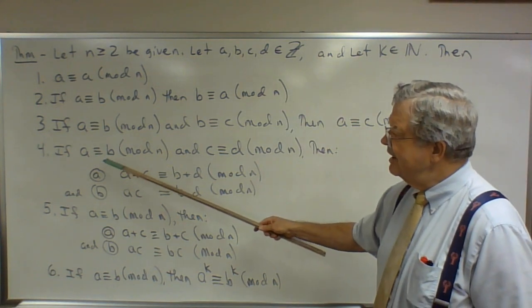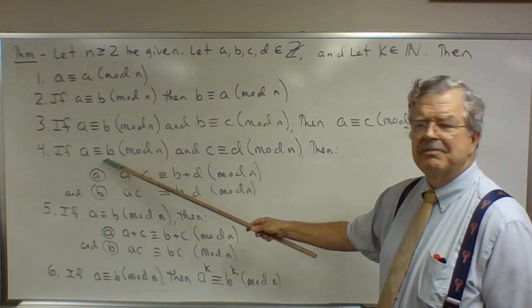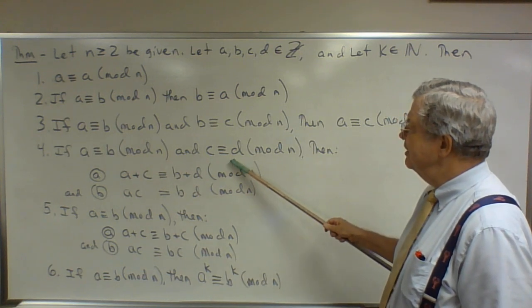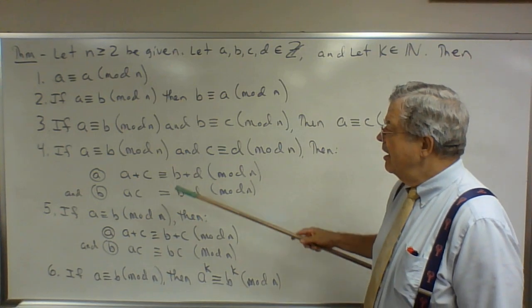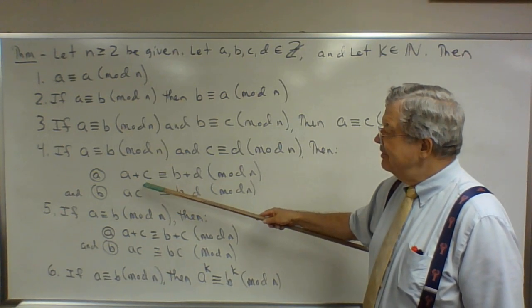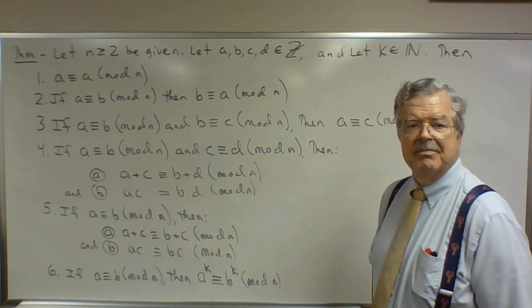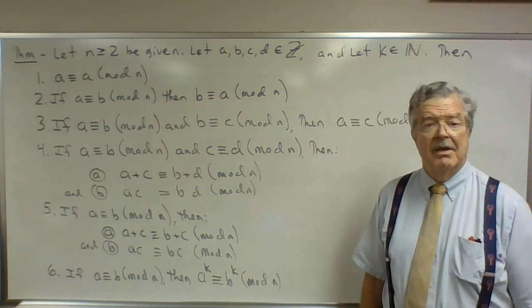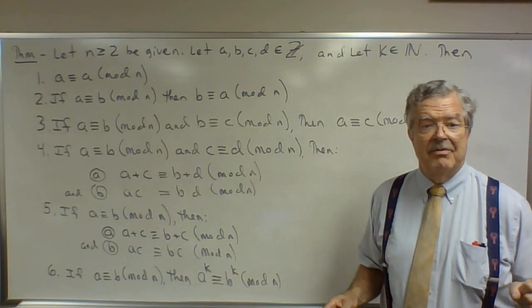Now this is kind of interesting. We have two congruences. A is congruent to B, and C is congruent to D. And there are two things that can happen. We can add congruent things to both sides of the congruence. Well, where have we seen something like that before? We can take two equations and add them together, right?